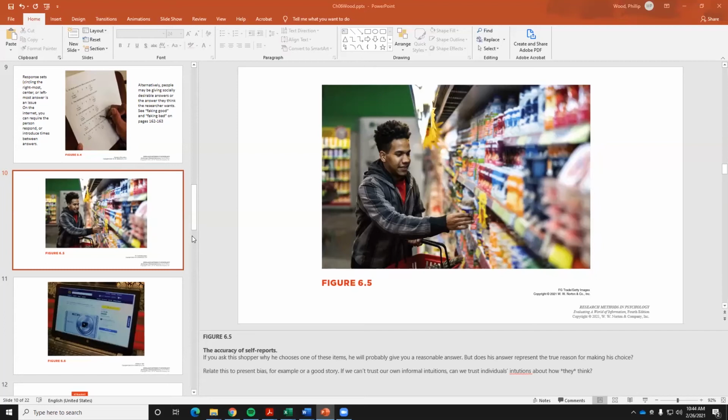You should look at scientific information for making conclusions about things. Now we're asking a shopper, why did you buy this particular product? They're going to tell you something. Are those really the reasons that underlie the data?